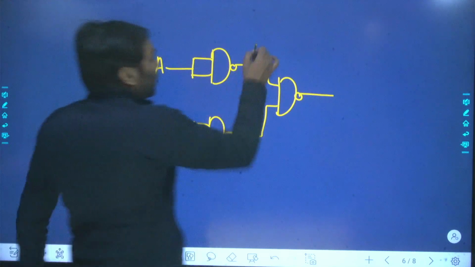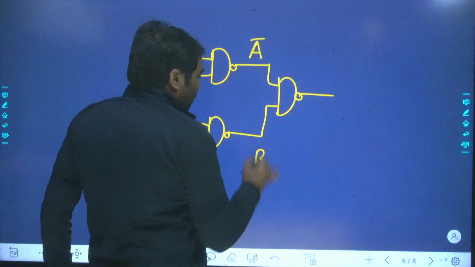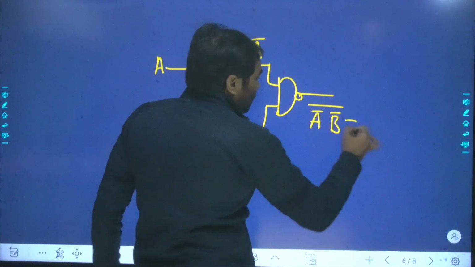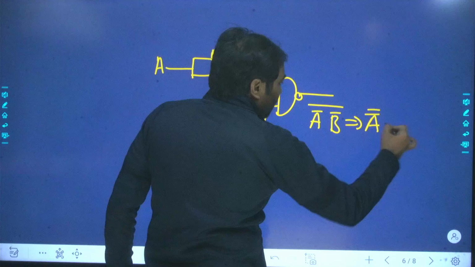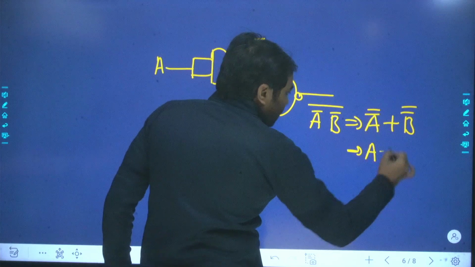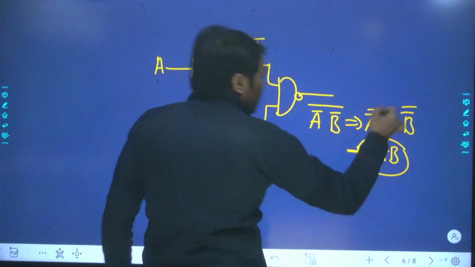We can write here A bar, and what we get here is A bar, B bar, whole bar. Just apply De Morgan's law, A double, we get two complements, both are cancelled.